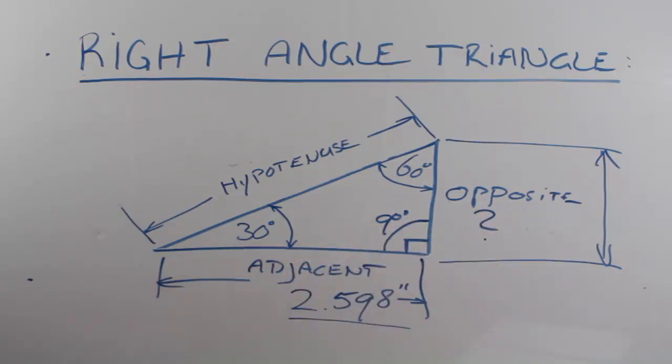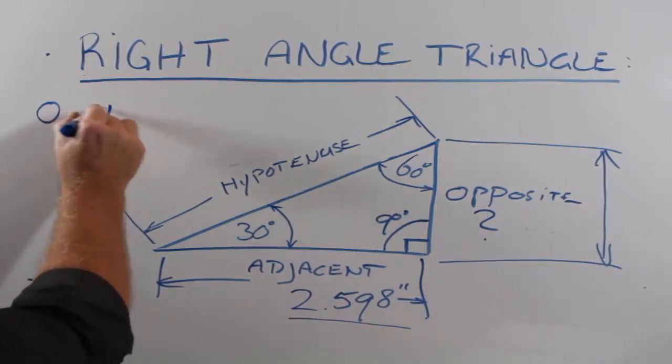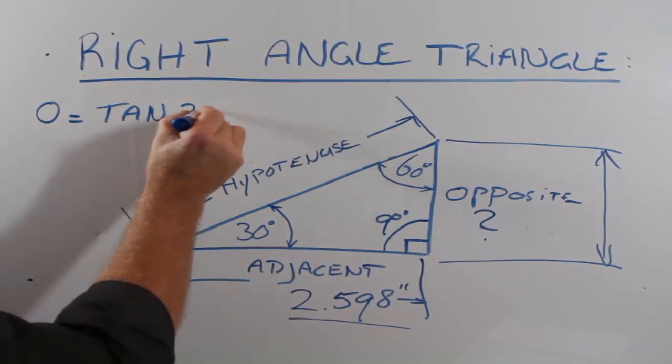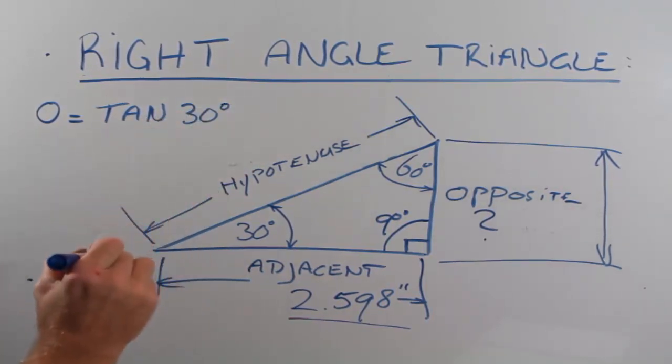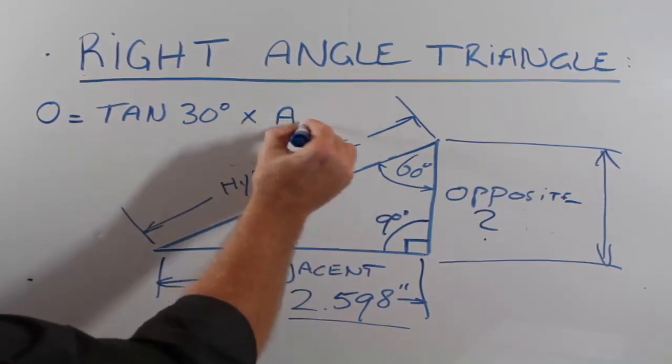For that calculation, we use O equals the tangent of 30 degrees multiplied times the adjacent leg.